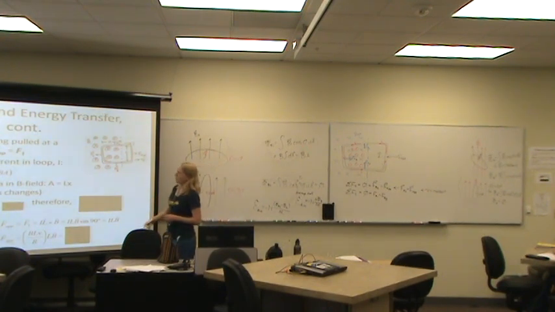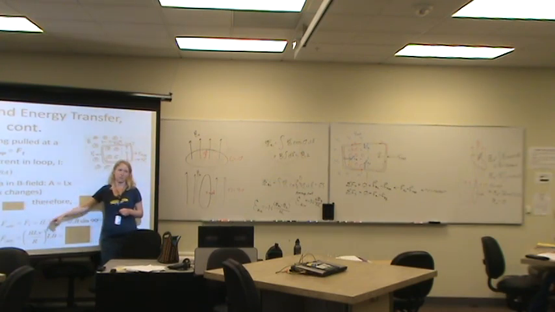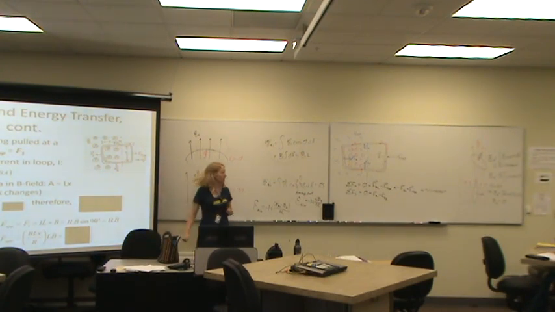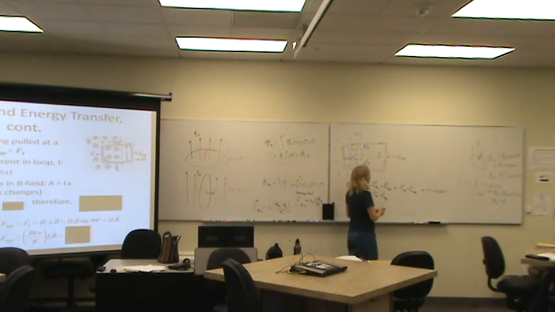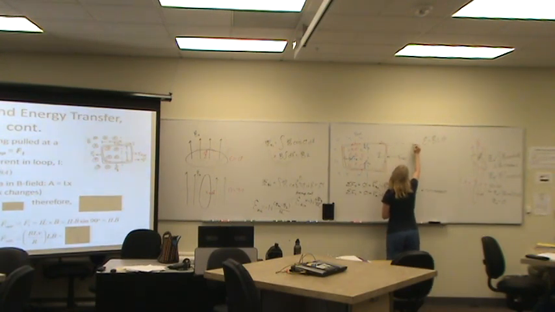So now we've got an equation for induced EMF that's related to the velocity: BL times V. And using my little picture here, I'll show again that the L is the height of that loop.